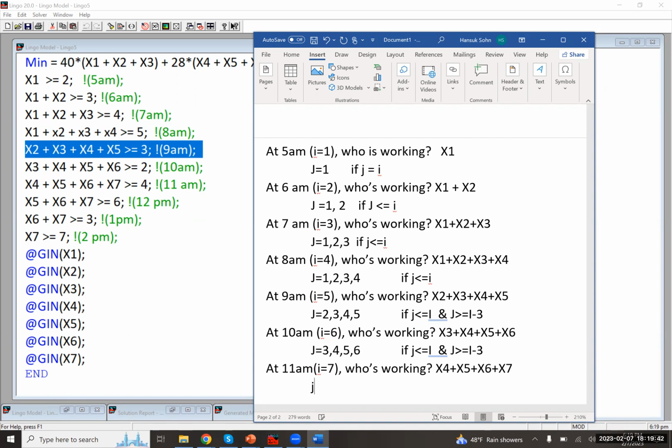So in that case, j takes 4 different values, 4, 5, 6, and 7. So this condition still works.